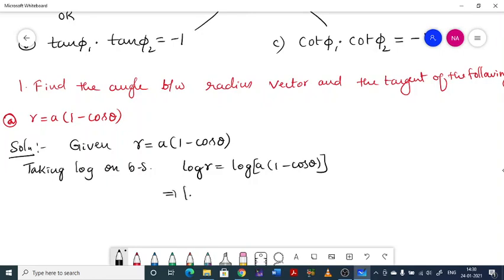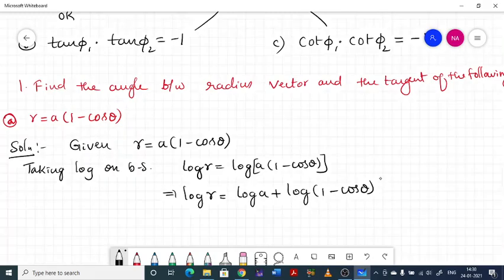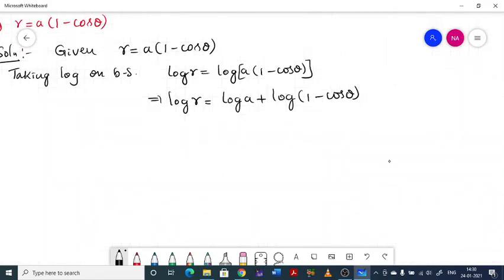Now using the property log AB equal to log A plus log B, we get log r equal to log A plus log of 1 minus cos theta. No further simplification needed. Differentiating with respect to theta.